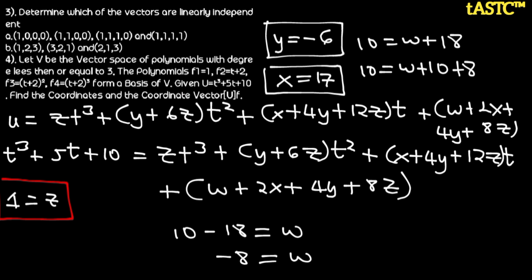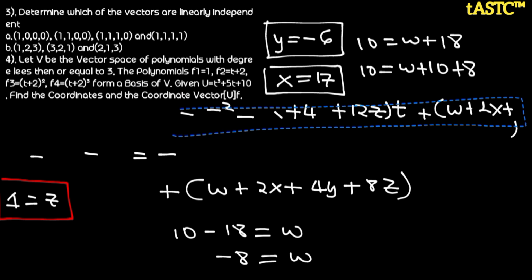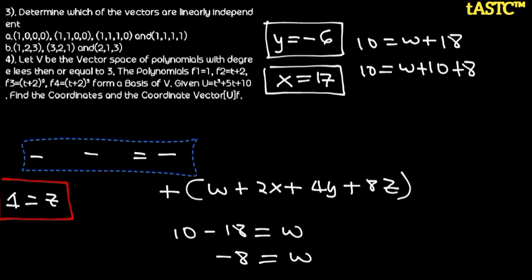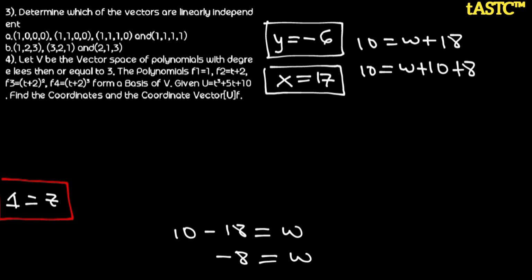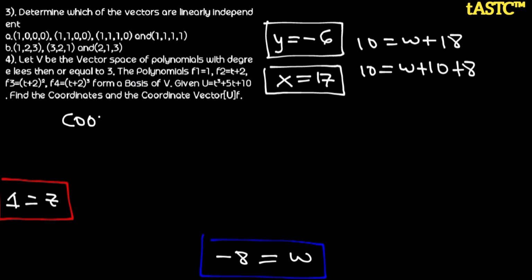So in this case, we have actually found all the coordinates, and we can now form the coordinate vector. All the values of the scalars that you have found, those are actually the coordinates.